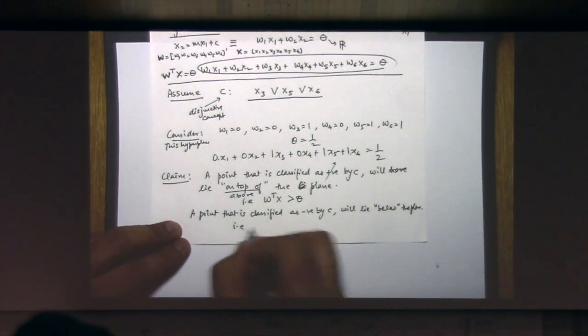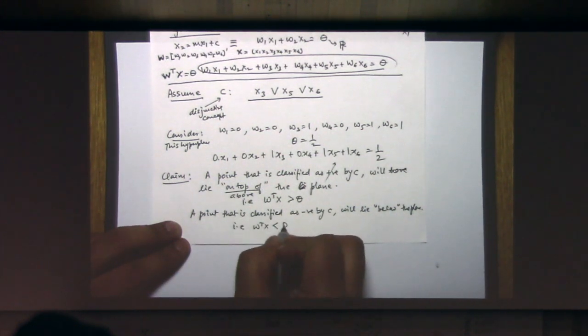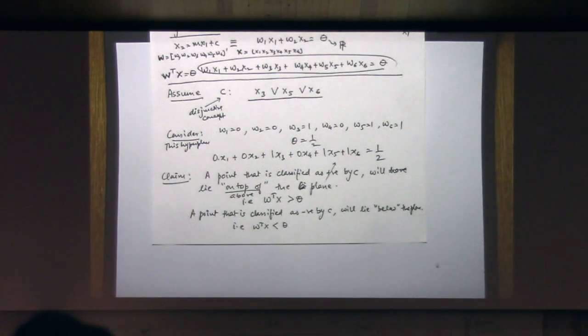That is, W transpose X will be less than theta. All right, and of course, since this is the equation of the plane, if X lies on the plane, then W transpose X will be equal to theta, because that's the equation of your plane, right? Any questions so far?